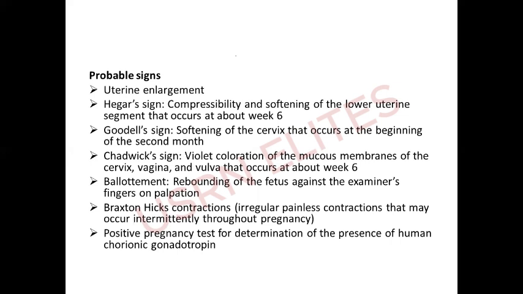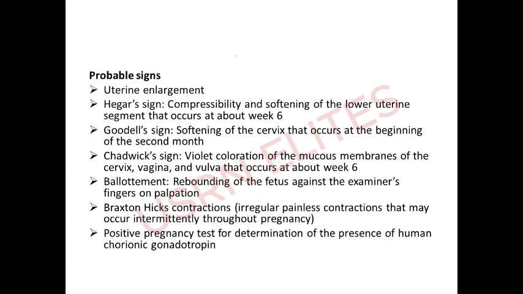Then you also have the Goodell sign, which is the softening of the cervix. So one is softening of the lower uterine segment, and one is softening of the cervix. That will occur at the beginning of the second month, which will be around 8 weeks of gestation.